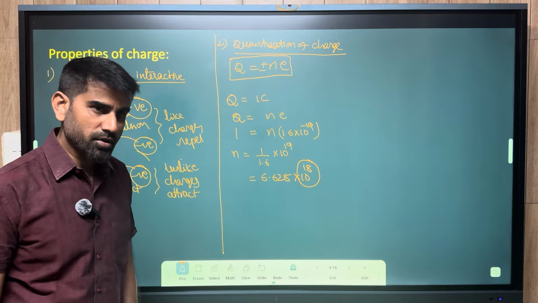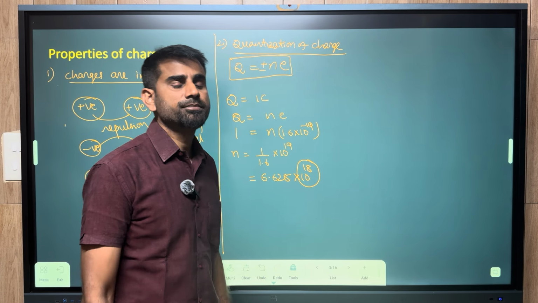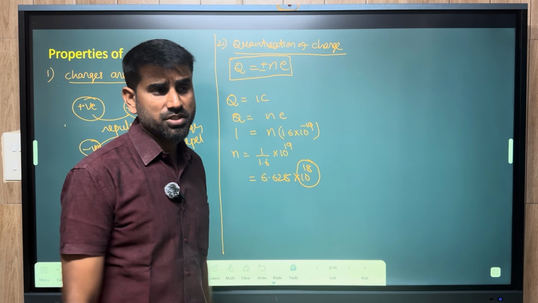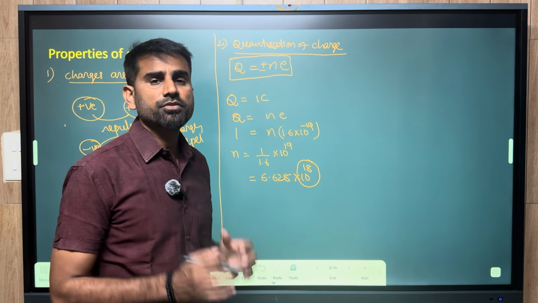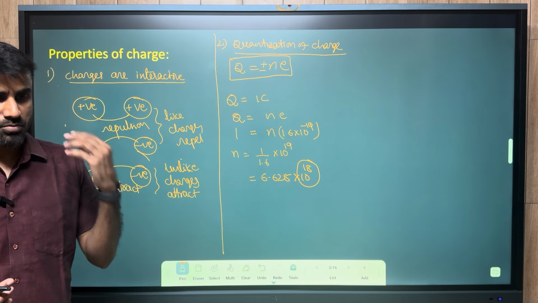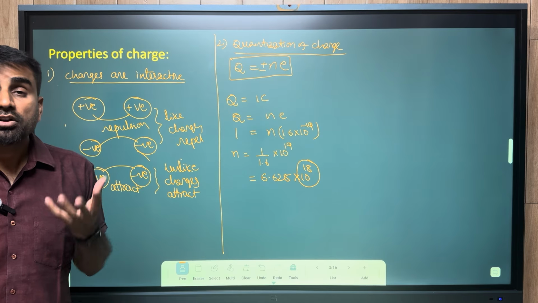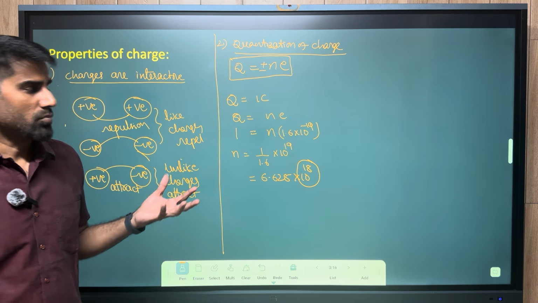That is not a small number. So that's the reason we often represent the charge of objects or bodies in terms of millicoulombs or microcoulombs, sometimes nanocoulombs, sometimes even picocoulombs and femtocoulombs.